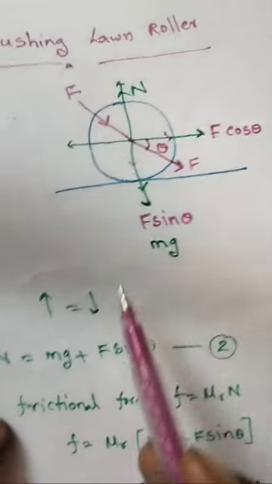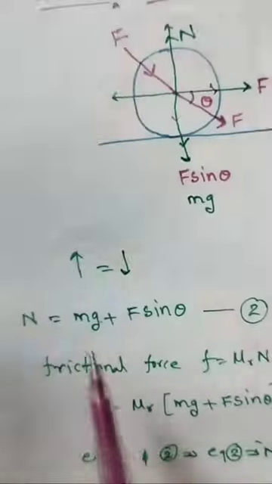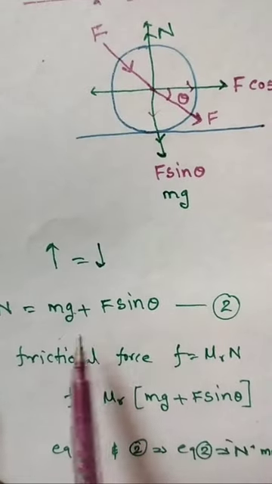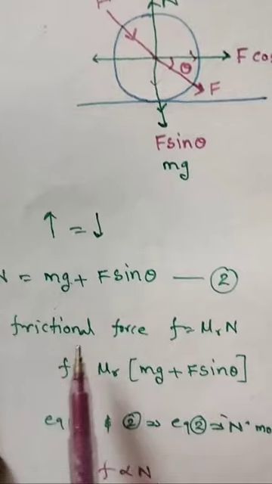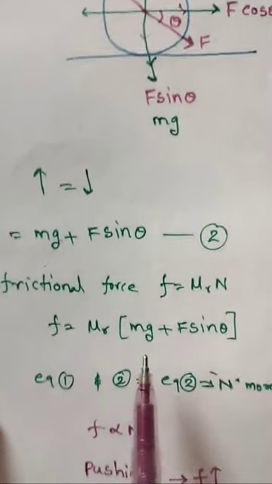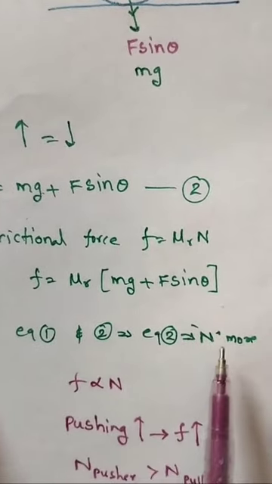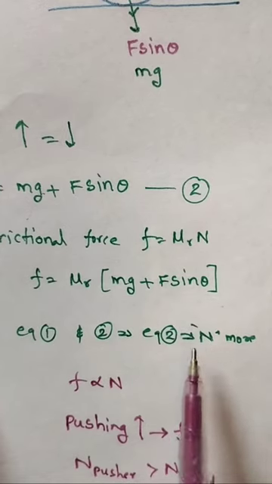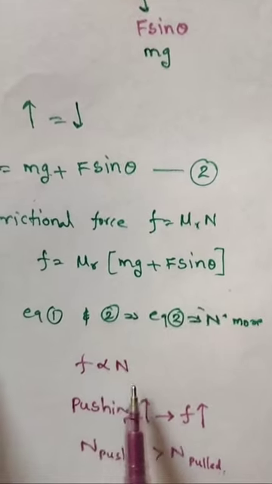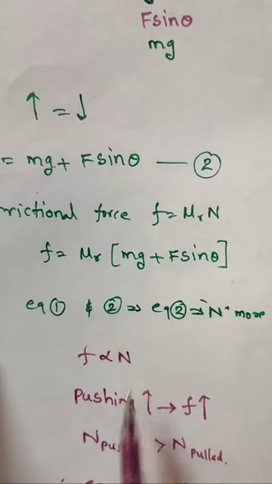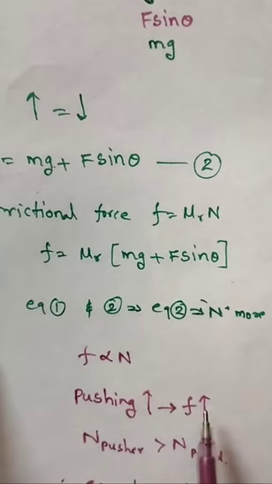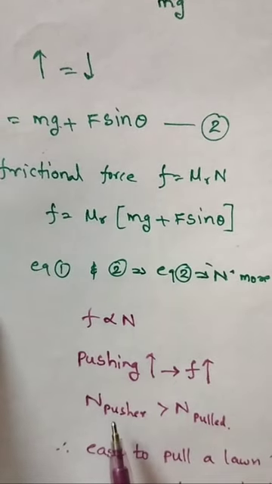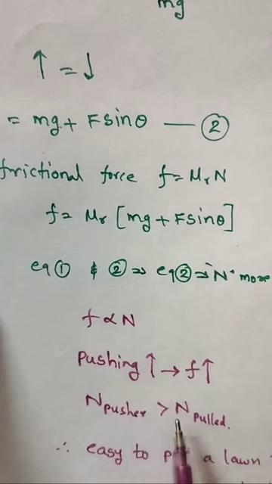So here you can observe there is only one upward force acting and two downward forces acting, that is mg plus F sin theta. Taking frictional force F is equal to mu r into N. So in this equation, N is mg plus F sin theta. There N is more, F is proportional to N, so since N is more, the friction is also more in the pushing case. Therefore the normal force in pushing is greater than in pulling.